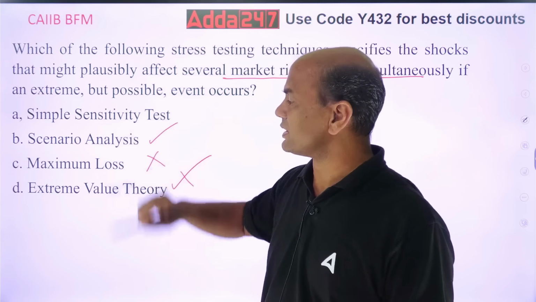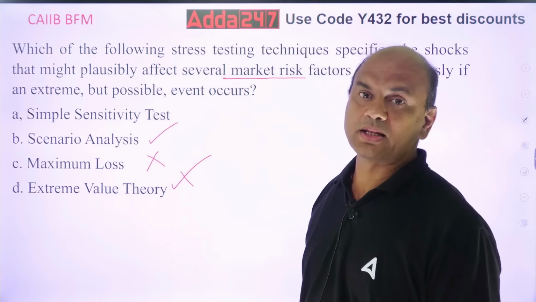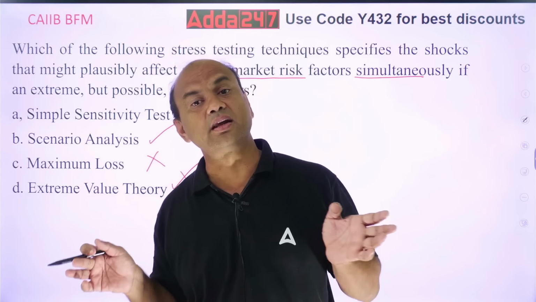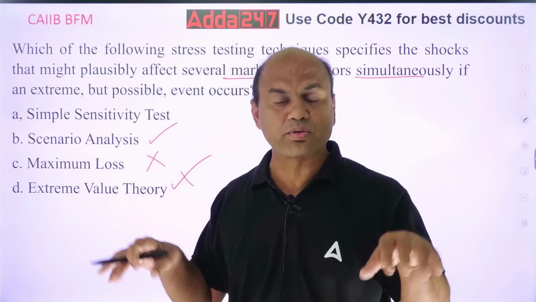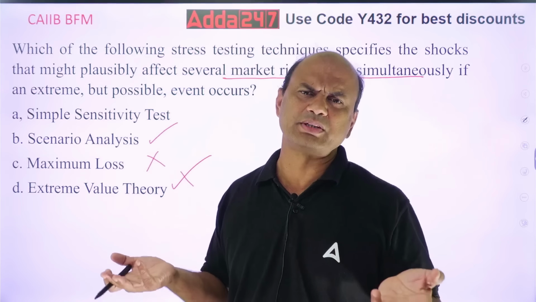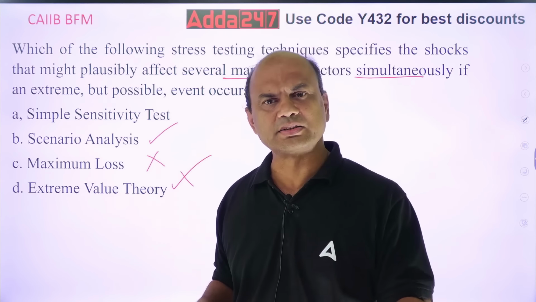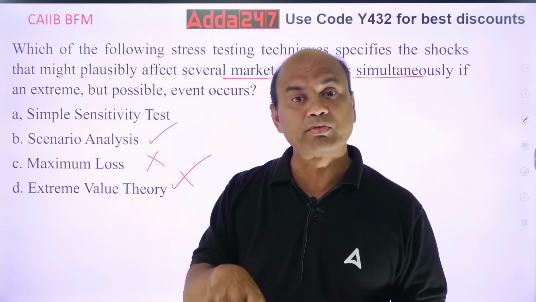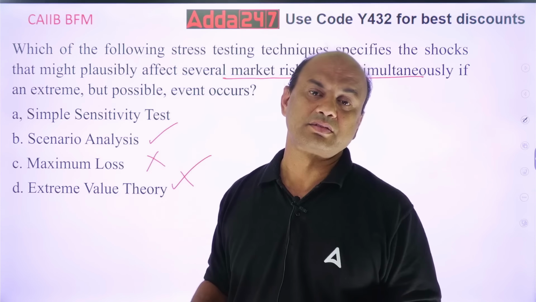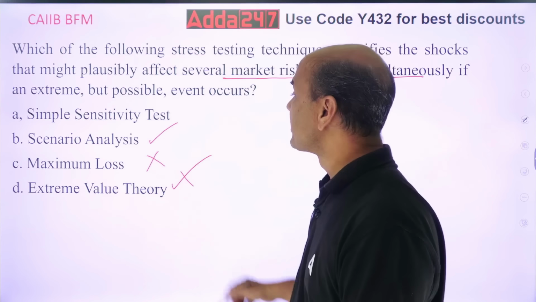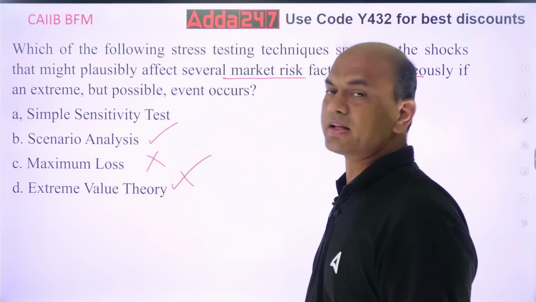The true answer is scenario analysis. Various scenarios you have to consider and take various options into consideration. Various things can happen. COVID can happen, your interest rates can suffer, there can be a war between various countries. All the things can happen. So that's why scenario analysis is the right answer.